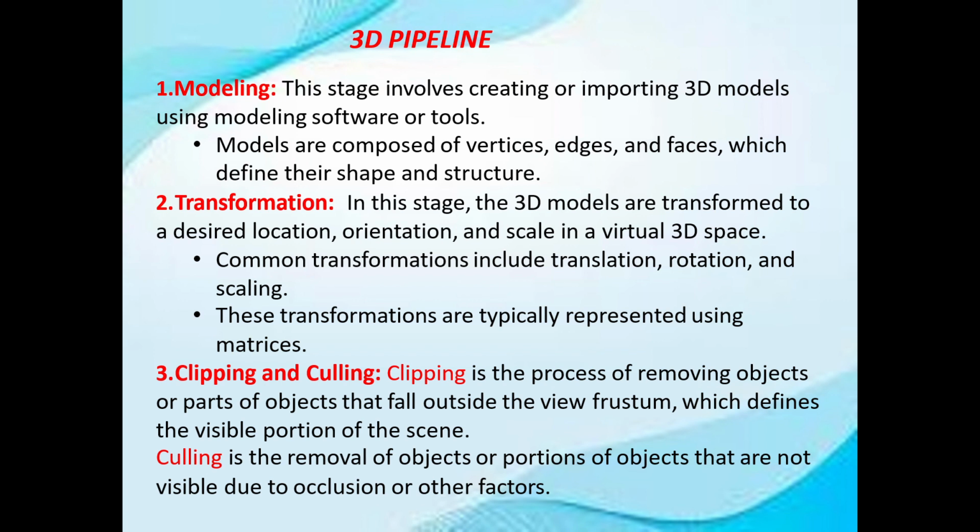Clipping and culling. Clipping is a process of removing objects or parts of objects that fall outside the view frustum, which defines the visible portion of the scene. Culling is the removal of objects or portions of objects that are not visible due to occlusion and other factors.